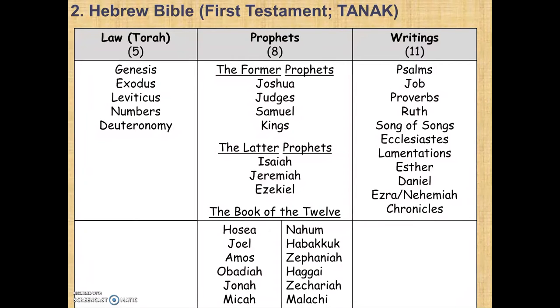And there's thinking there that sometimes Ruth may have been placed at the beginning because the last chapter in Ruth discusses the genealogy of David. And then many of the Psalms are entitled Psalm of David. And so there may have been a connection there in an attempt to link those books together.